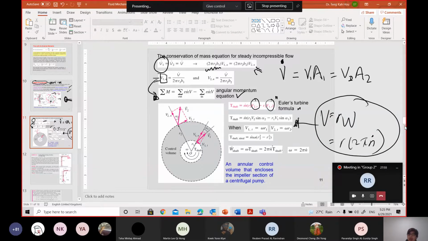At the end, what the question is interested in most of the time is your shaft power: how much energy you need to input, or how much energy is driven. So you will have your omega T shaft, just like your omega M. It's the same thing. From there, you should be able to know your energy generation for the shaft. Is that clear?